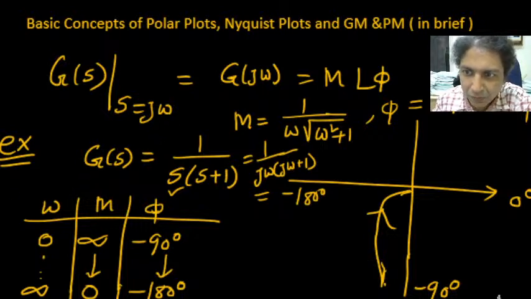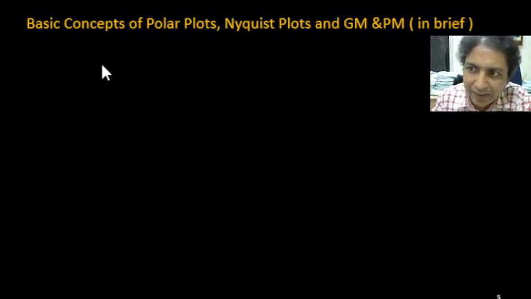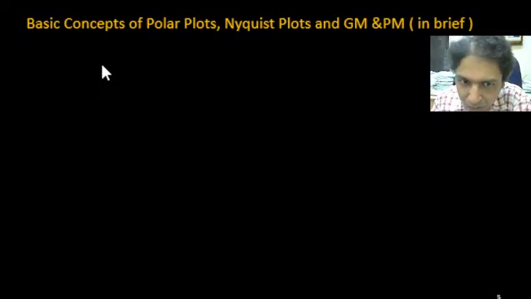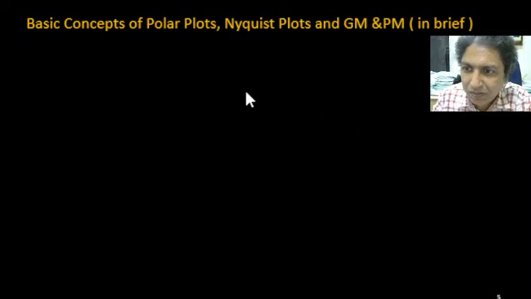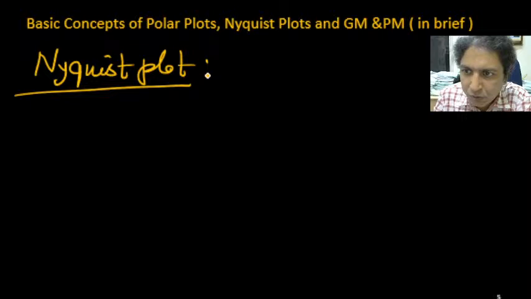Right? Now, what are gain margin, phase margin and Nyquist plot? So in Nyquist plot, what we will do, or first I can consider gain margin and phase margin also, right? So in Nyquist plot, how to compute it?